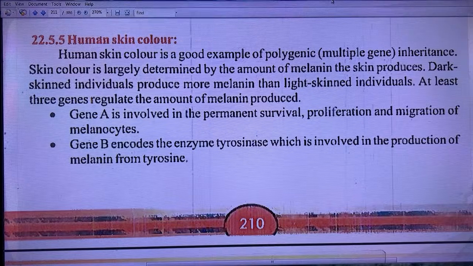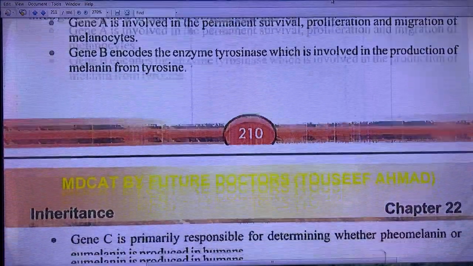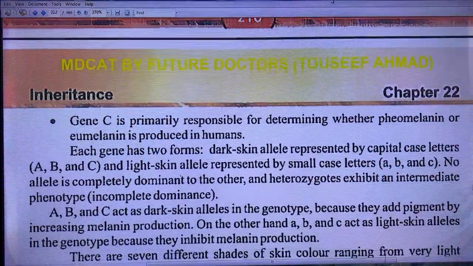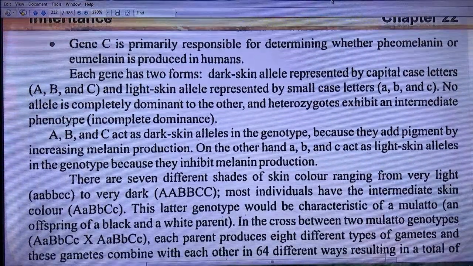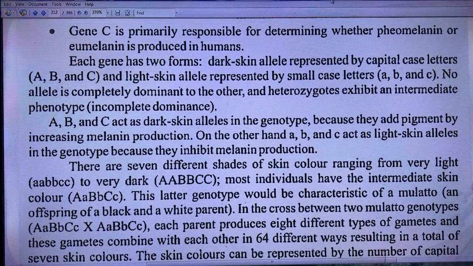Gene B encodes the enzyme tyrosinase, which is involved in the production of melanin from tyrosine. Gene C is primarily responsible for determining whether pheomelanin or eumelanin is produced in humans.